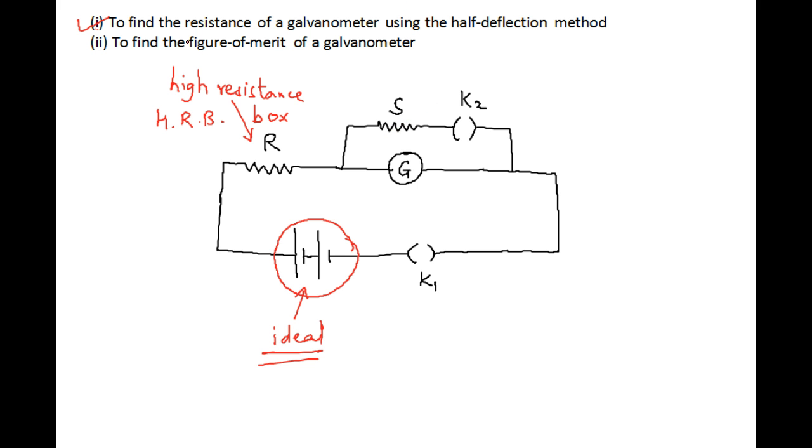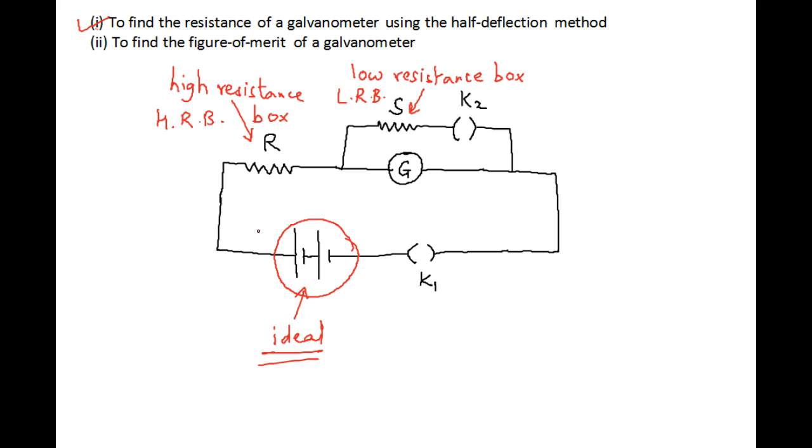It's a resistance box, and it's typically called a low resistance box, LRB, because S is small as compared to R. So that's the shunt. And of course the key over here, K2, you may plug in or keep open, and that will determine whether current flows or not in that part of the circuit, assuming that key K1 is closed.